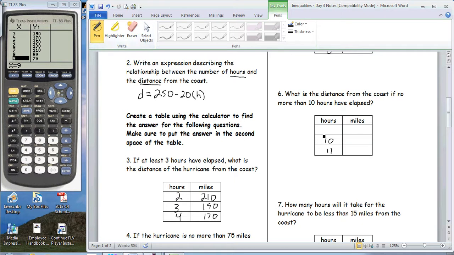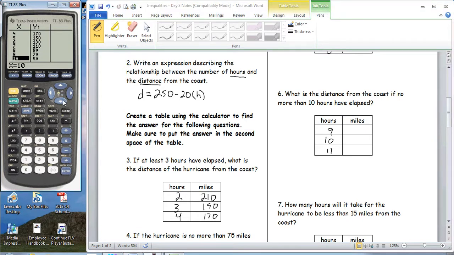But what I need to put here is 9. 9 hours. So come over here. 9 is 70, 50, and 30. So no more than 10 hours. So we're looking at values that way. No more than 10.